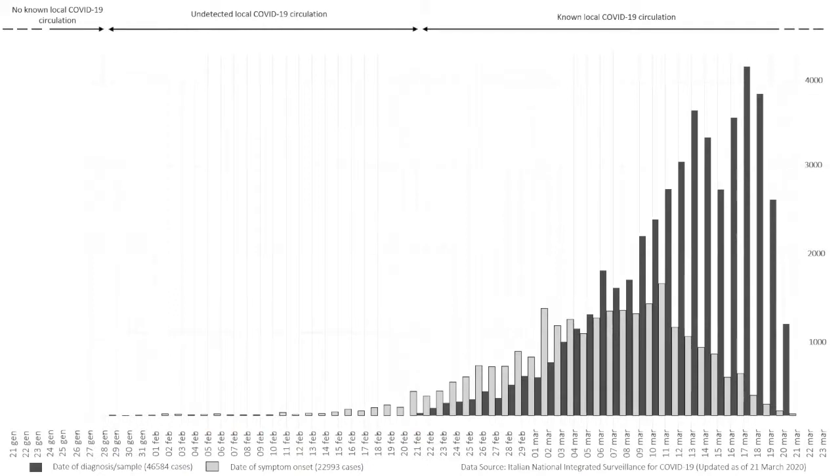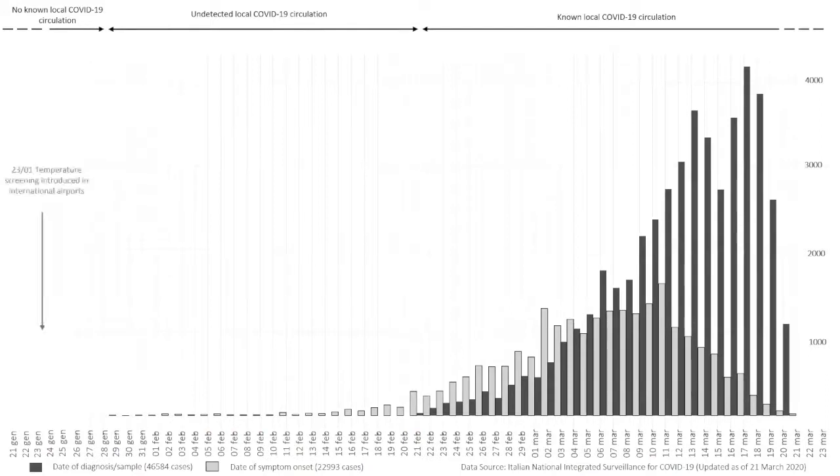The critical issue is that these cases did not respond to the case definition adopted by WHO at the Italian level, which required strict contact with travelers coming from China or from other areas with high circulation. And then what is the curve once the first case was detected?